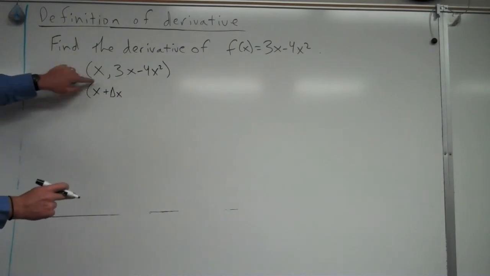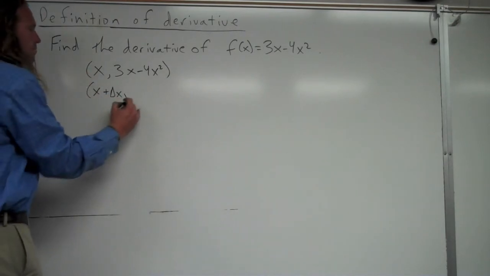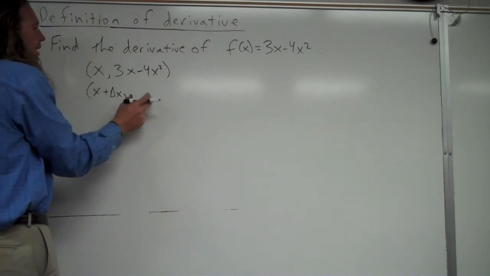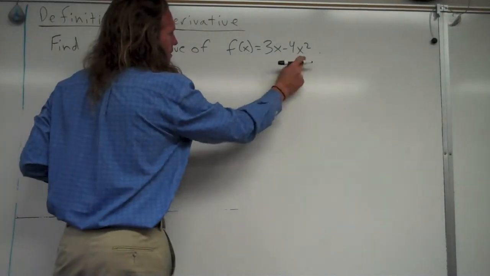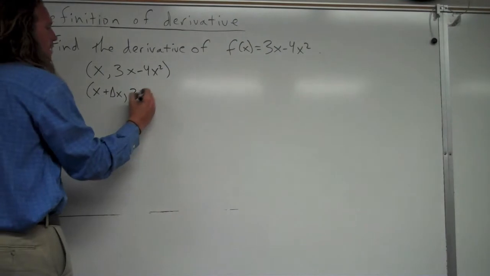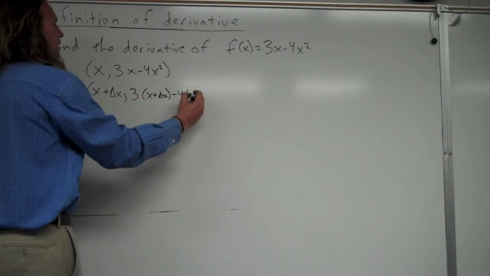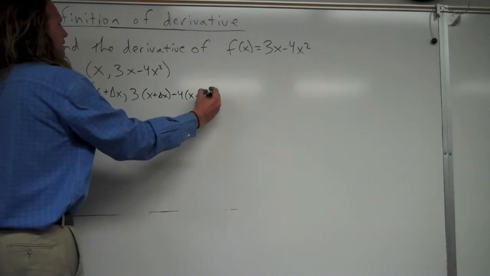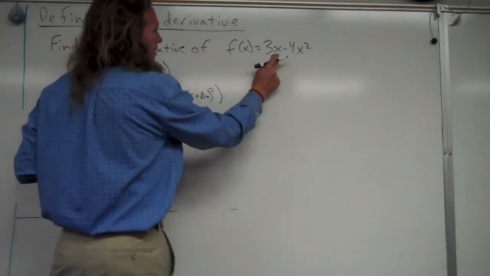So you have 2 points, one of the x-coordinates is x, one is x plus delta x. The y-coordinates will vary. You get the y-coordinate by plugging x plus delta x in for x in both of these. So it will be 3 times x plus delta x minus 4 times x plus delta x squared. So again, I took x plus delta x and put it in for x here, and put it in for x there.